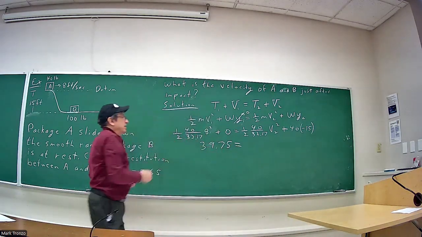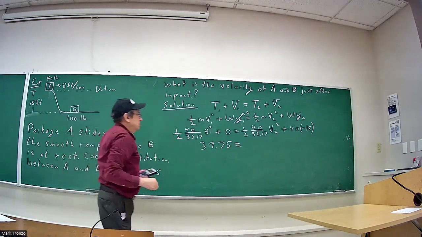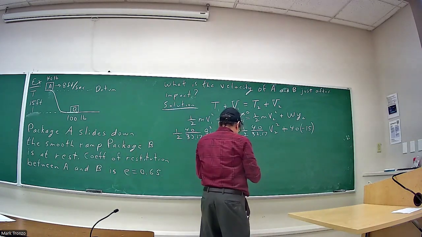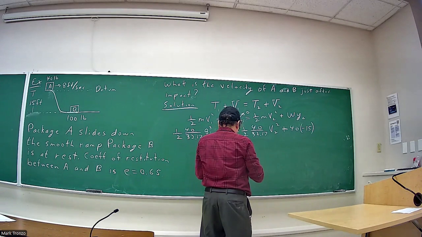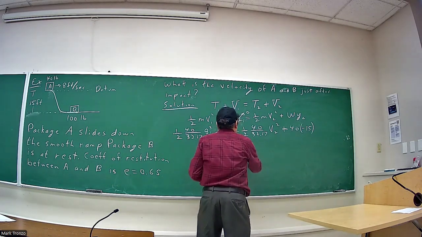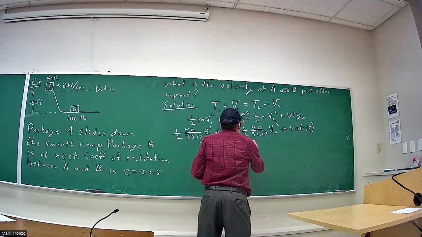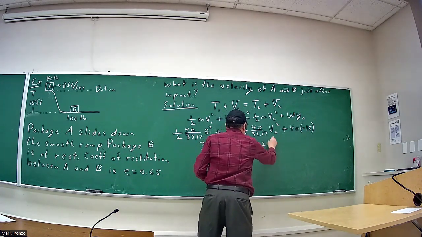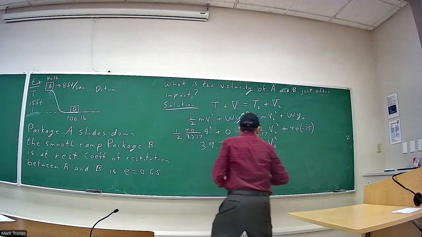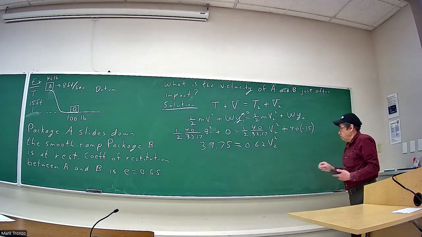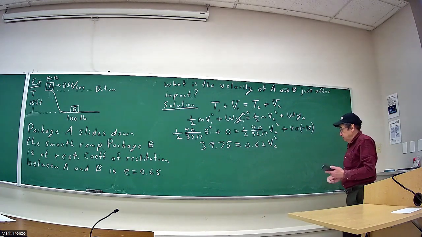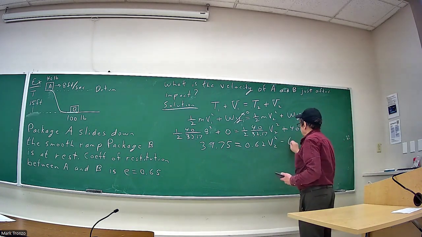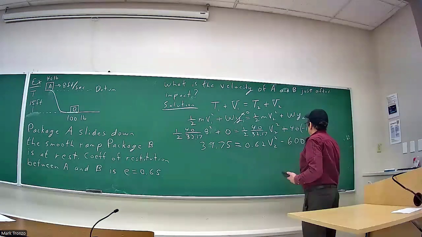I'm getting in a bad habit here. I should have put units here, but let's continue on. And this is going to be 0.62 V2 squared, and it's going to be minus 600.